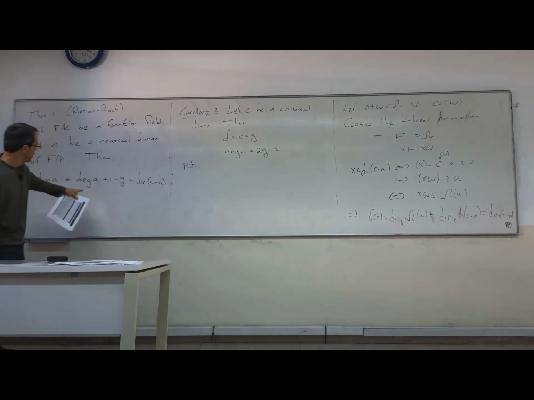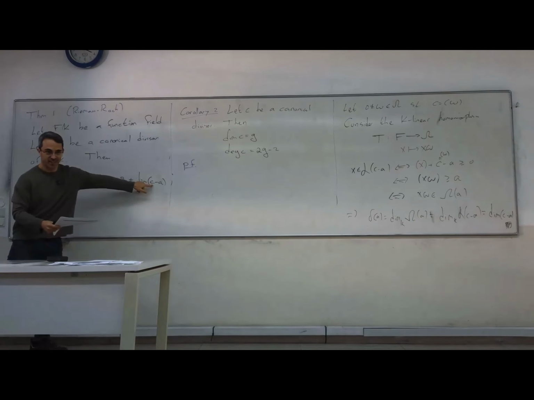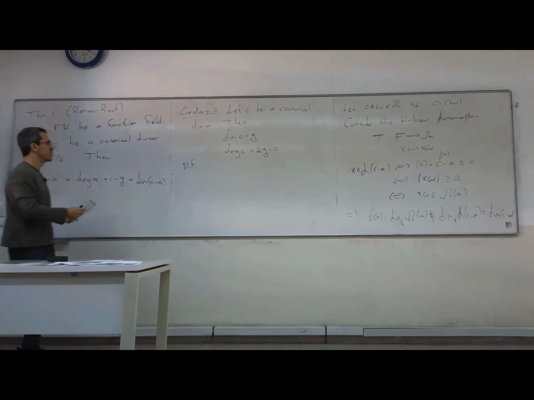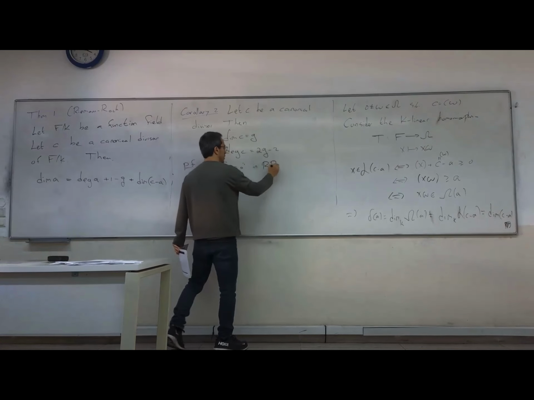The proof is really easy, just plug in zeros. By Riemann-Roch, let's plug A equals 0 to see what happens, because then I'm going to get the dimension of C. So set A equals 0 in Riemann-Roch.